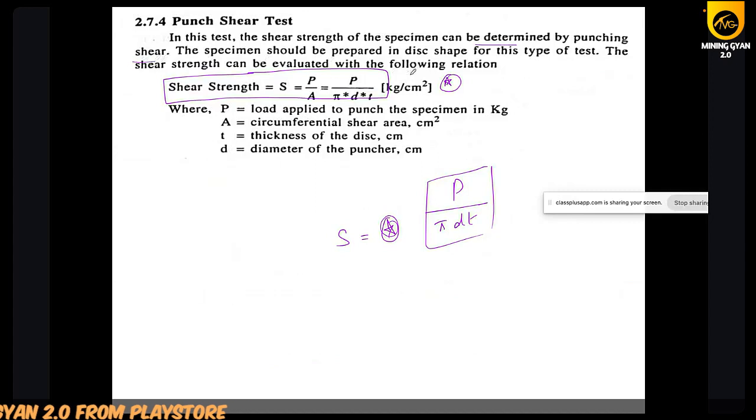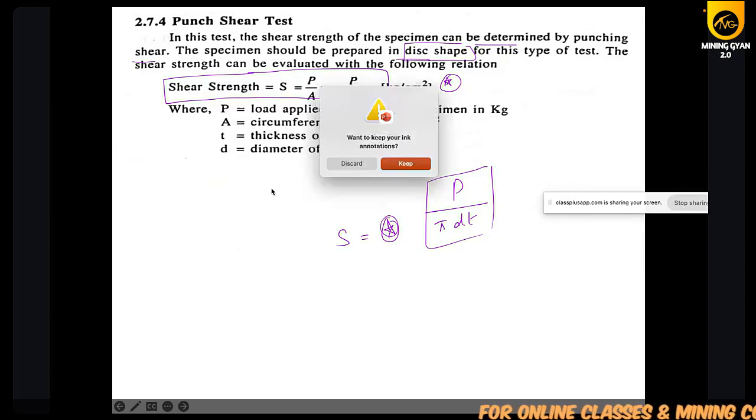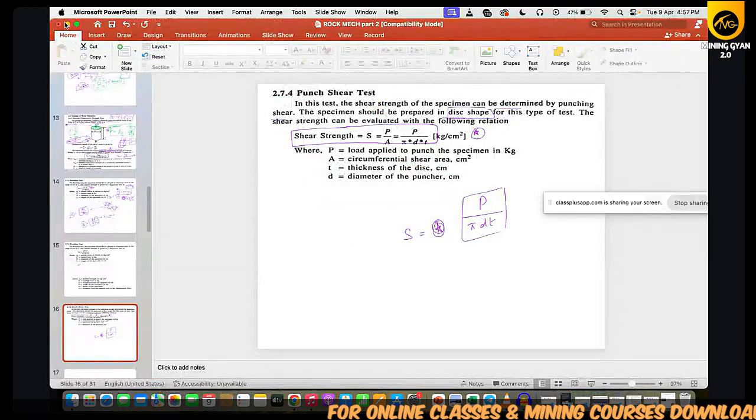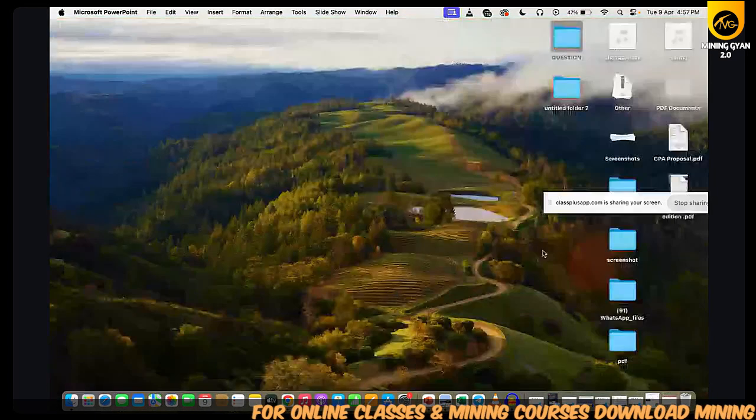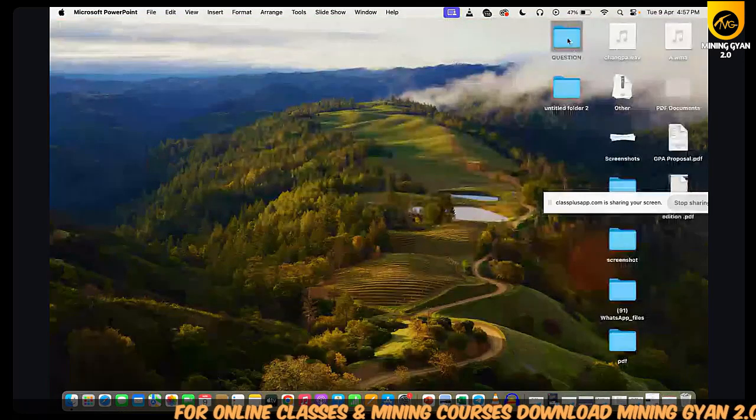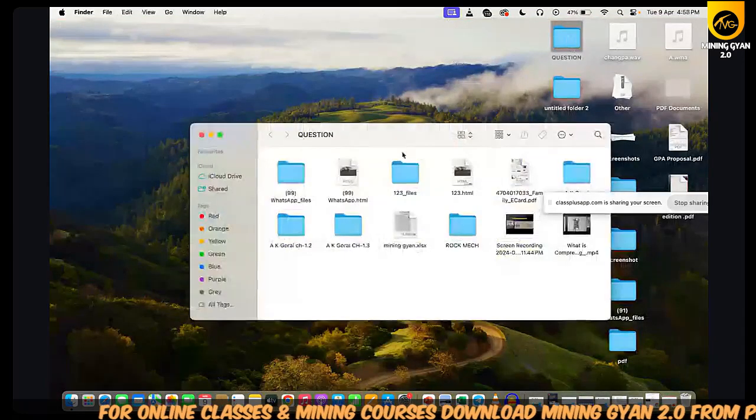The specimen should be prepared in disc shape. For this type of test, the shear strength can be evaluated by... I tried to find out the videos, but I think I didn't get any video related to this. If I have, I will show you. Otherwise, just remember this formula. They will definitely ask you.